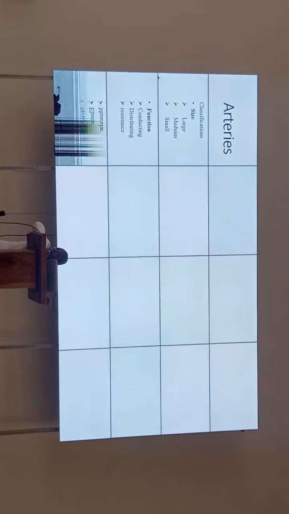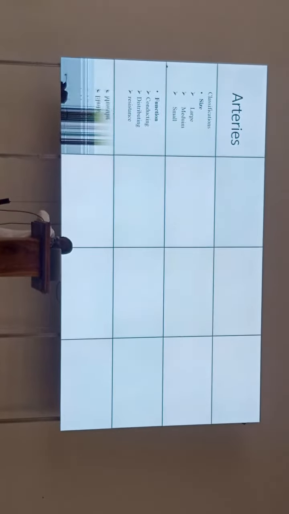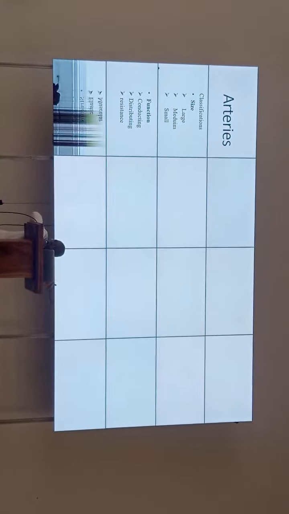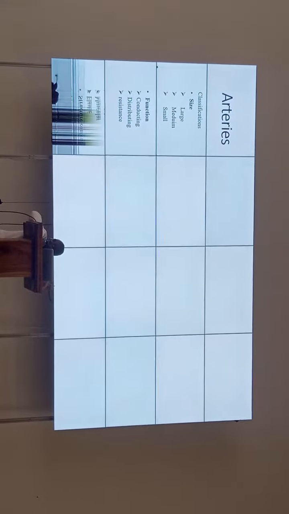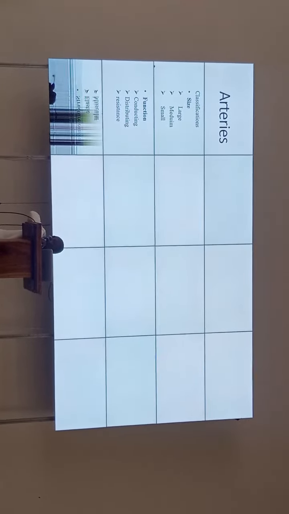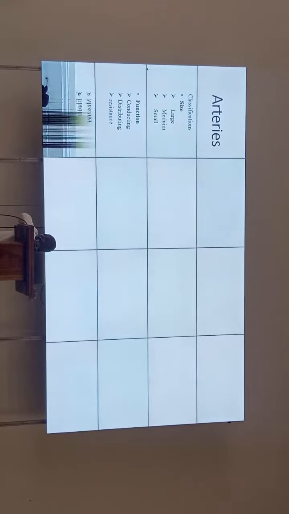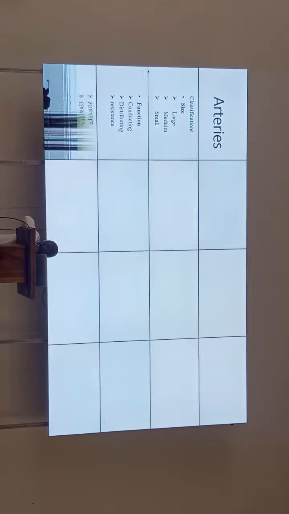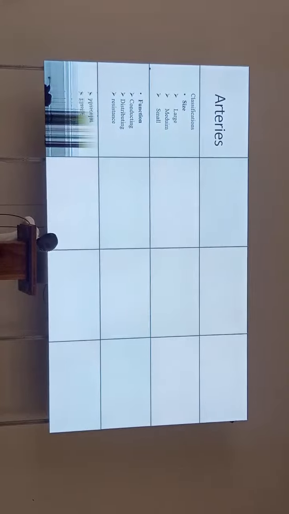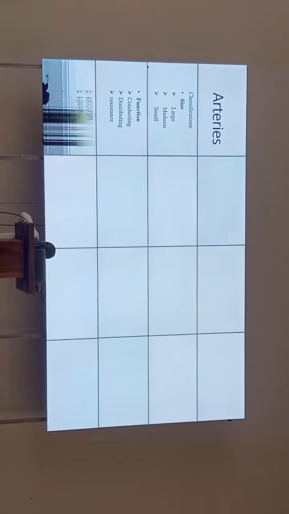They are conducting blood from the heart to different regions. Is that clear? The conducting arteries will branch off into distributing arteries, which are the medium-sized arteries, which are distributing blood to different organs. Is that clear? And then in the organs, those distributing arteries will then branch off.